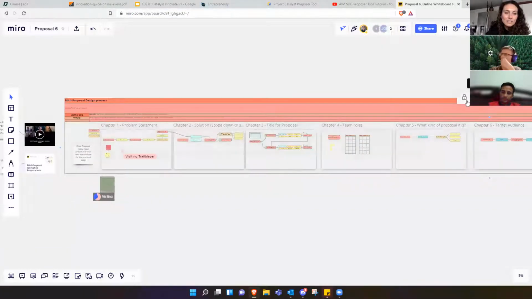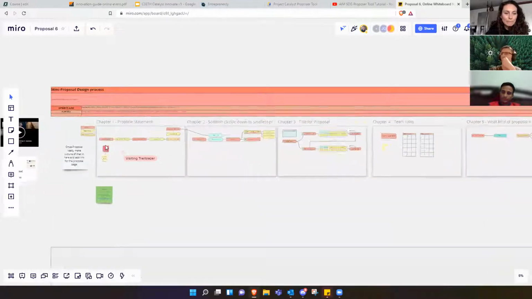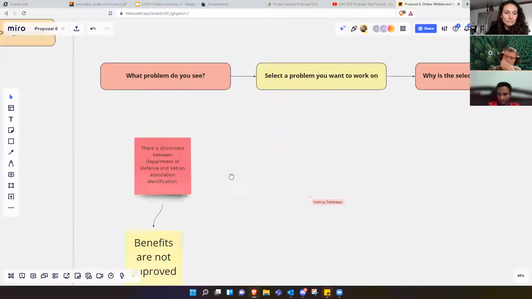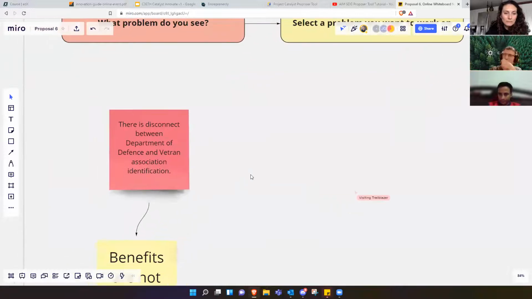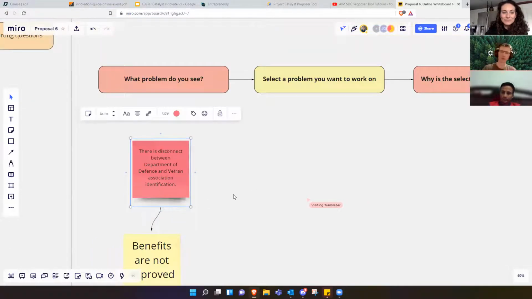Yep, and there is one rare thing I haven't seen in this workshop before: usually the problem statement is quite vague, but in your case, you're being very precise. I would still like to try one time to get more of the root cause of that.